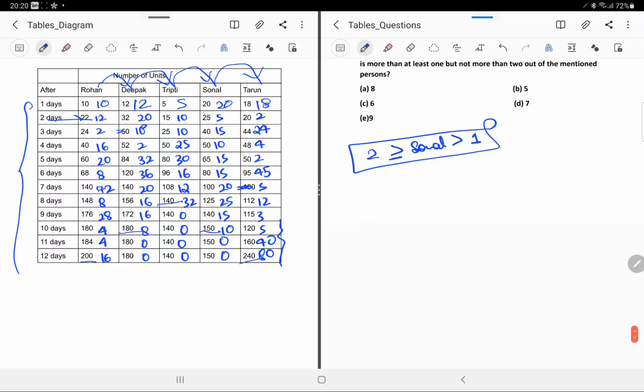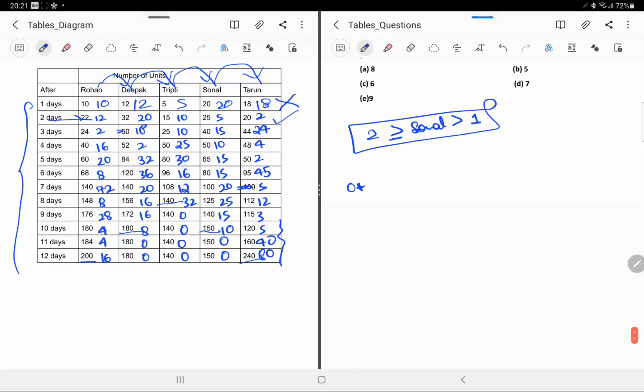So on day 1, Sonal is obviously doing more work than 2 or 3 persons. So this is 0. It won't be counted. On the second day, she is doing more work than just 1 person, so this will be counted.